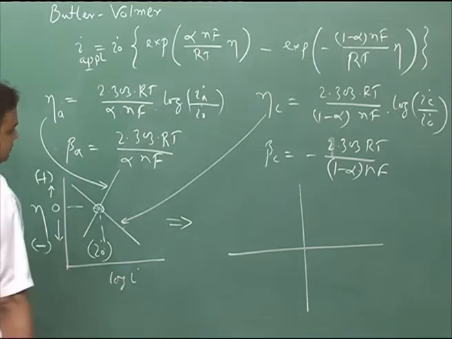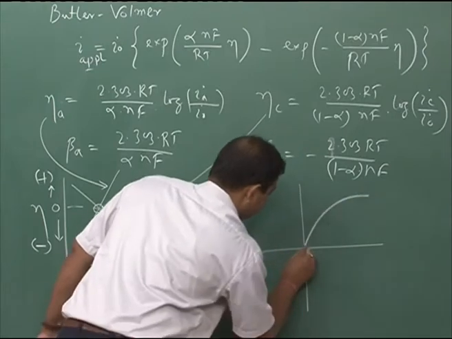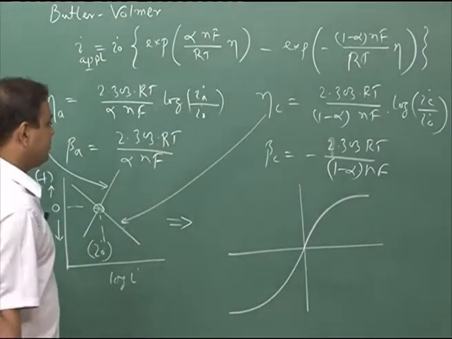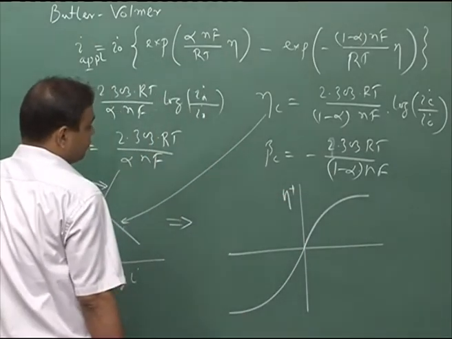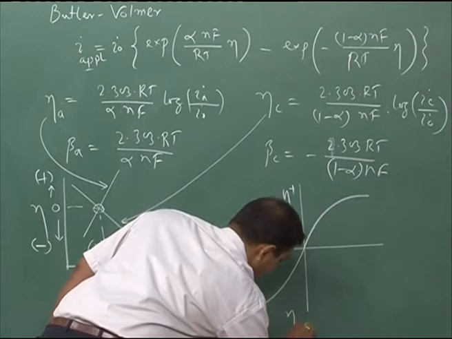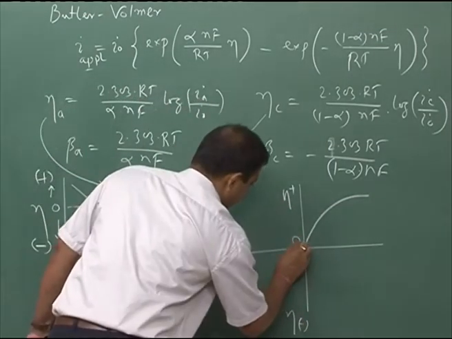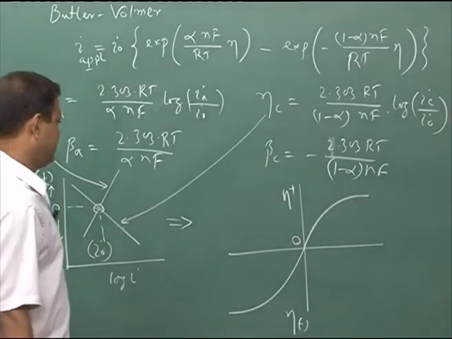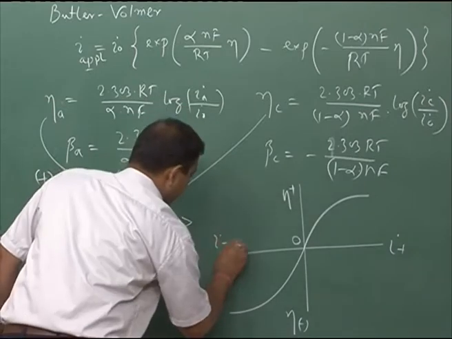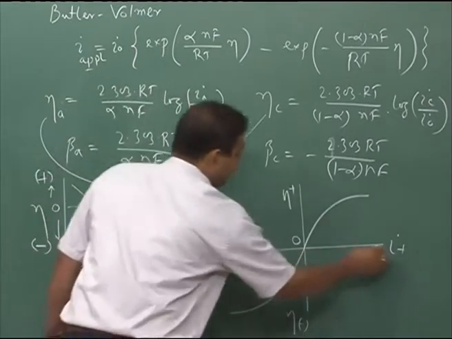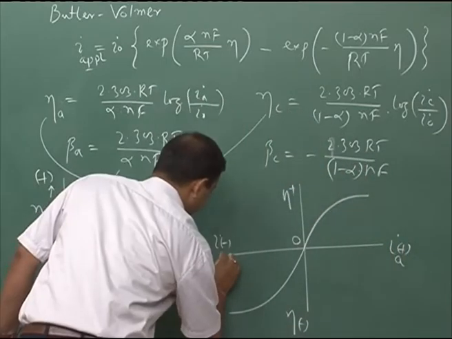Now, if we plot this, then the plot would become like this, where this is the positive overvoltage side, this is the negative overvoltage side, and this is 0 overvoltage, this is I plus, this is I minus. I plus and I minus mean this is the anodic current density, this is the cathodic current density.